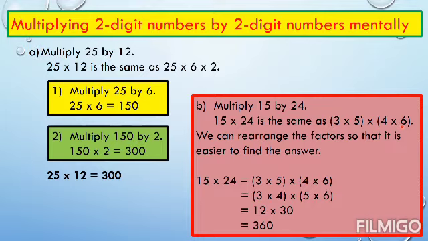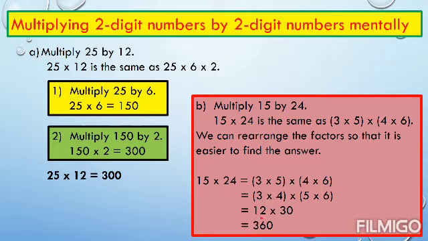As you see below, we partner the 3 and the 4, and the 5 and the 6. So 3 times 4 equals 12.